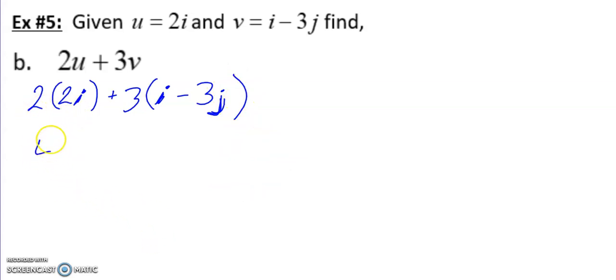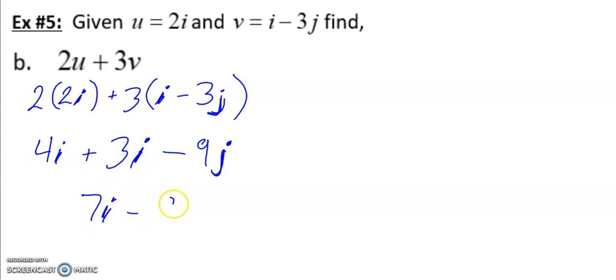So we're going to multiply here. That gives us 4i plus 3i, let's pay attention this time, minus 9j. Combine our like terms. 4i plus 3i is 7i minus 9j.